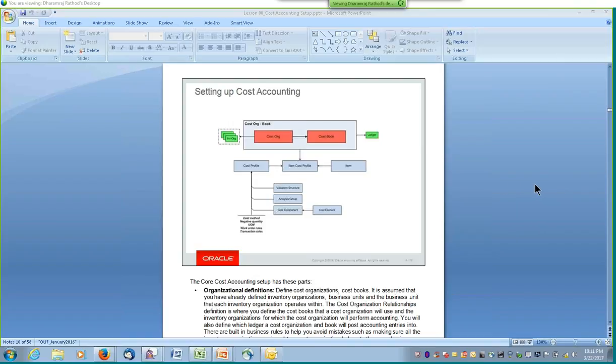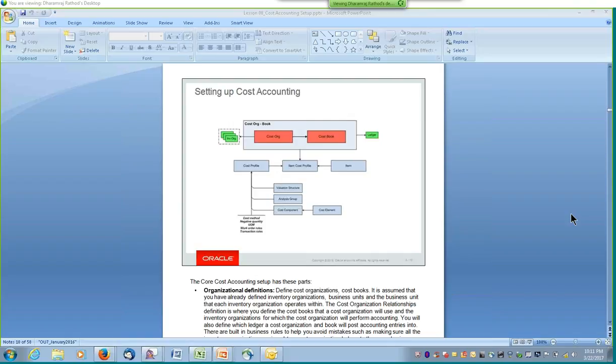The cost accounting period is for the cost organization, which will control all inventory organizations which are assigned to the cost organization. Answer to that question is yes. Any entity, any information, will always be in context of cost organization and the cost book. Keep in mind that the cost book also is important, because you could have multiple representations, and you may be using multiple cost books.